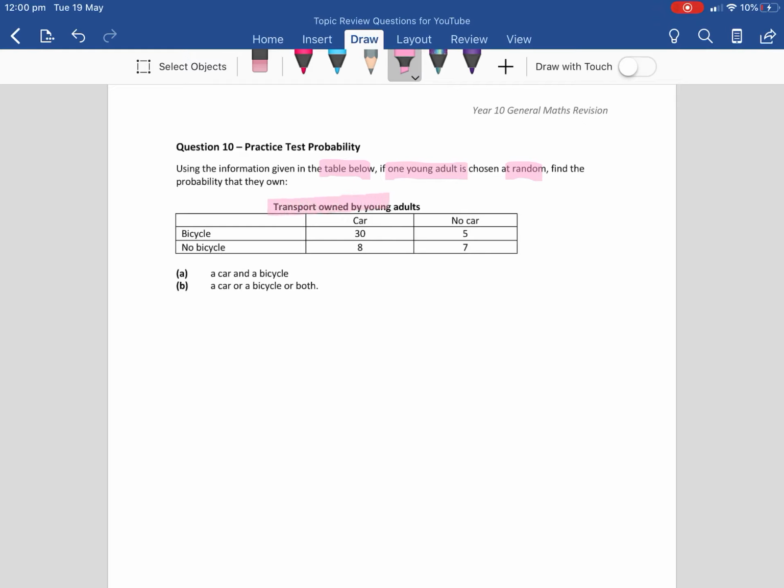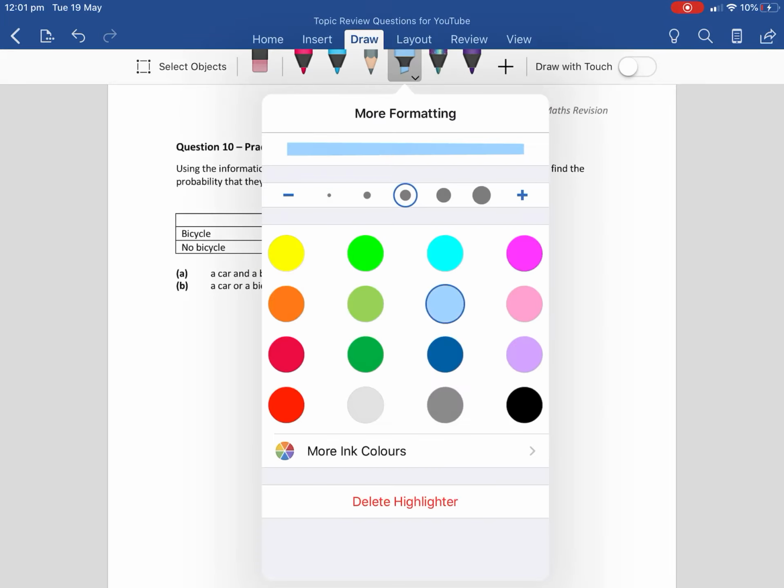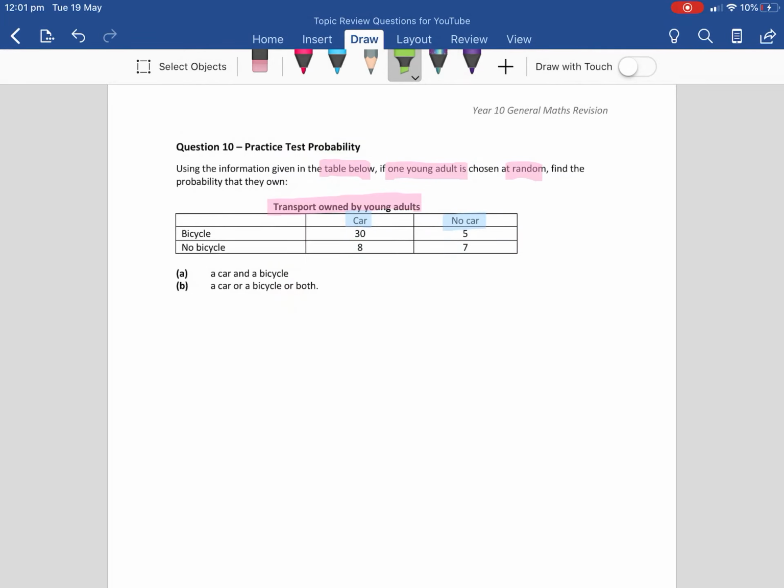So we're looking at transport owned by young people. So the options here are, let me do some different colours. They either have a car or they don't have a car. Or the other option is they either have a bicycle or they don't have a bicycle. Okay, so A says a car and a bicycle.